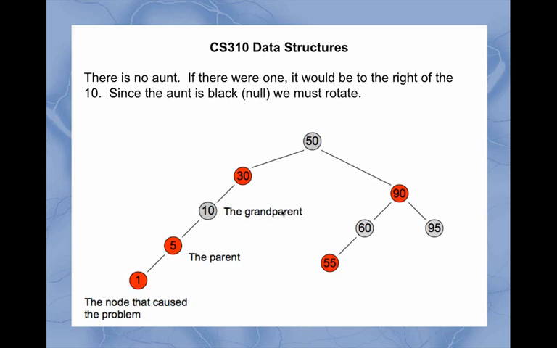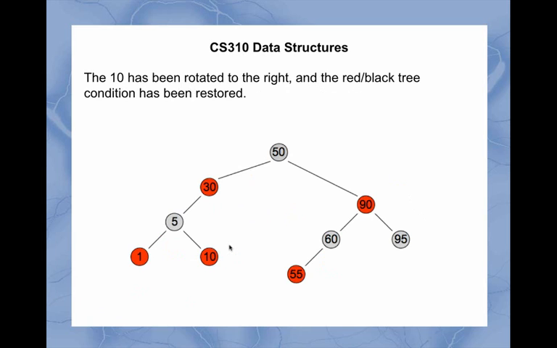Notice that there is no aunt. If there were an aunt, it would be right here. There isn't one. It's null. We must rotate. So we perform the rotation here and then recolor these nodes. So we have black, red, red after a rotation. And now again we have the same number of black nodes along each path, and the red-black tree condition is now restored.